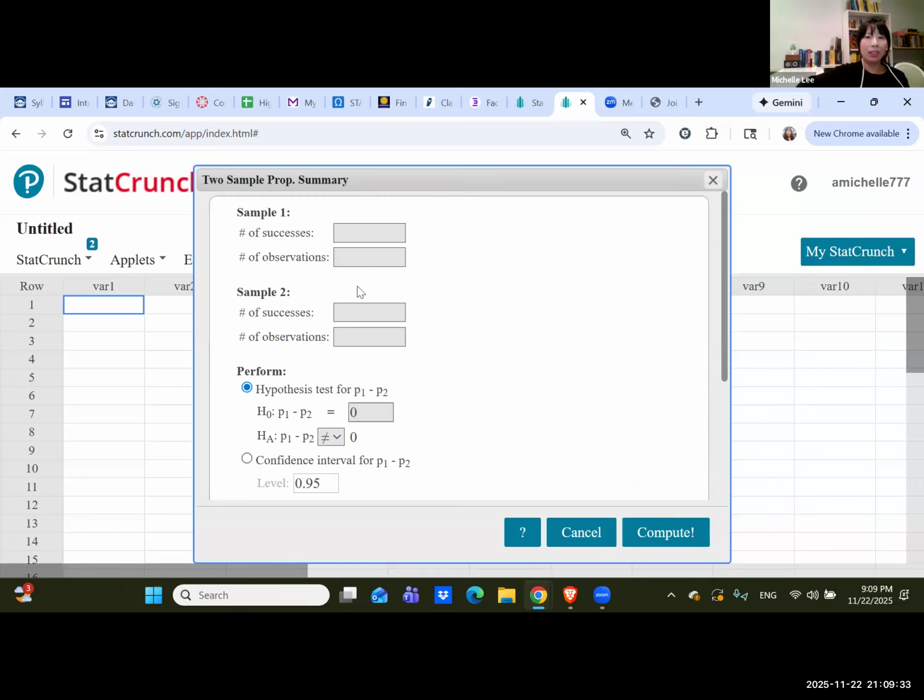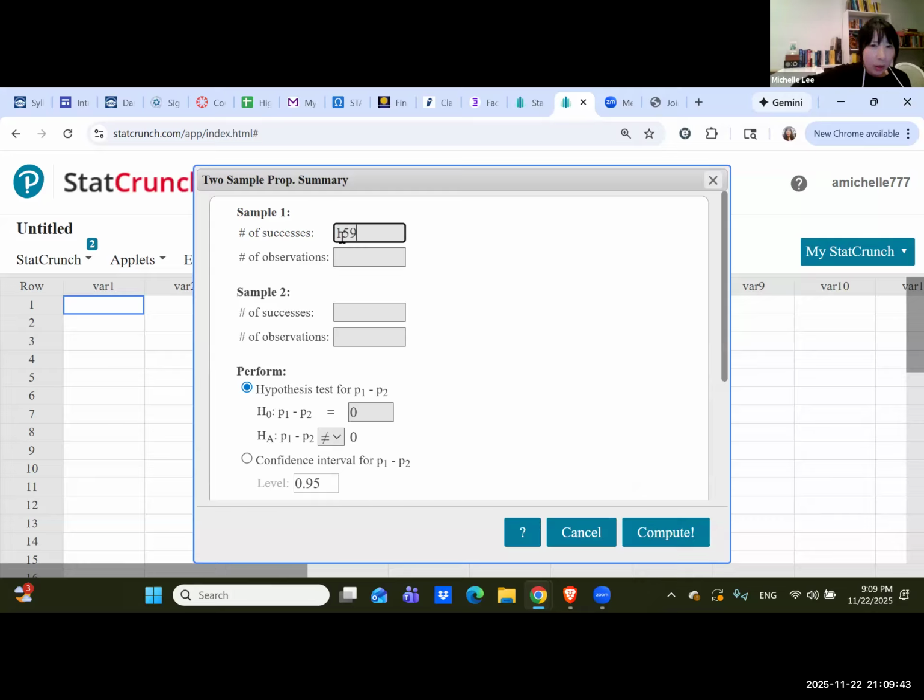Let me see. Number of successes 159 and number of observations 279, and then number of successes for the second one 381, and number of observations 410.